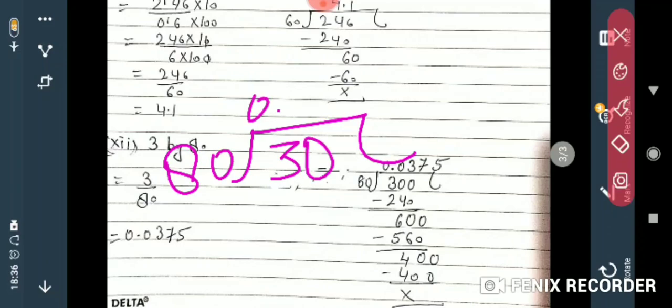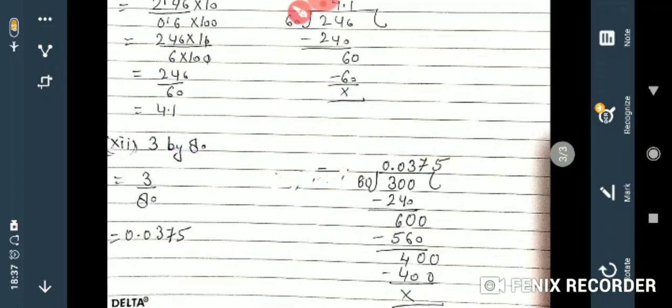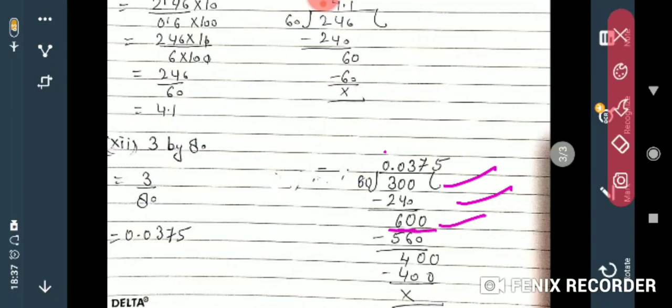We'll increase 0 here. Again 30 is smaller, yes. We will add here 0, increase here 0. Now it can be divided. So 8 3s are 24. Yes. Similarly here 300 minus 240, what we will get? 60. Again with the help of this point we will increase 0, what it will become?